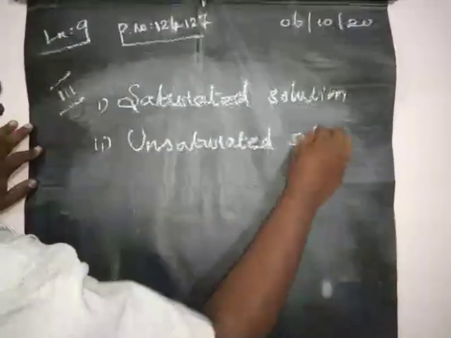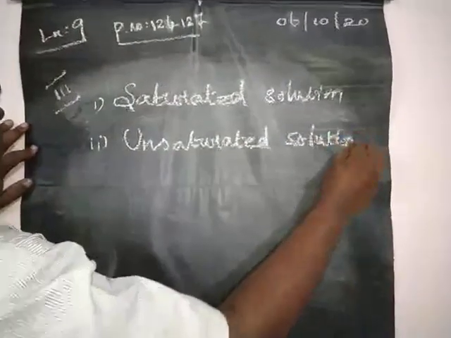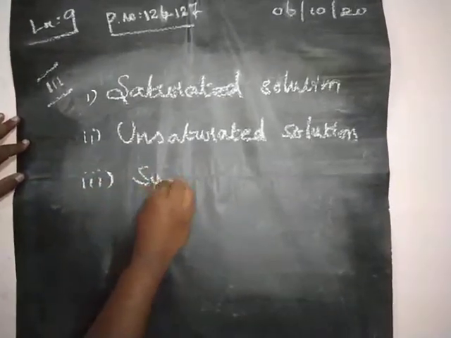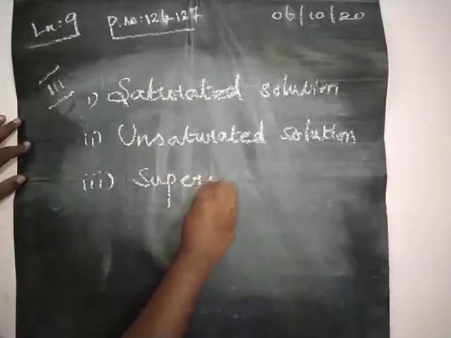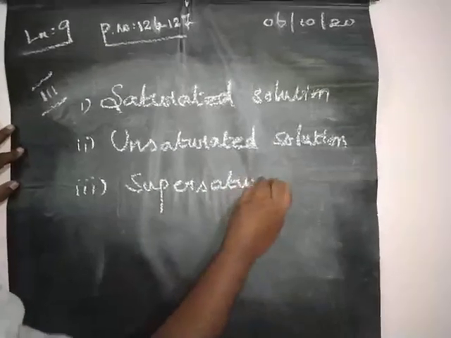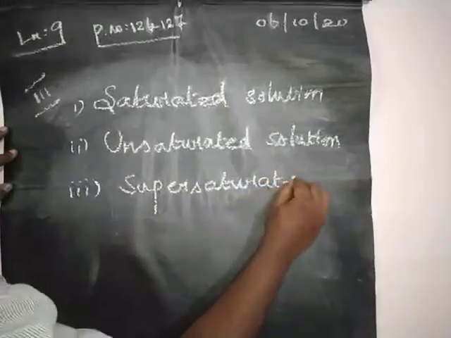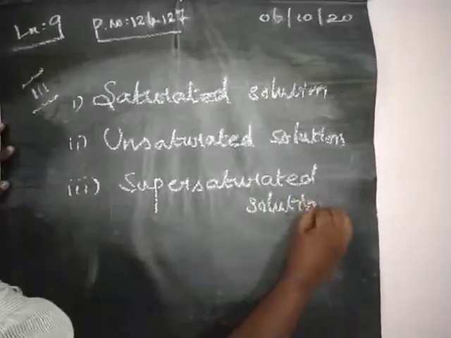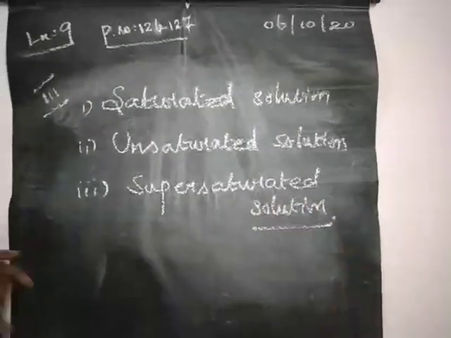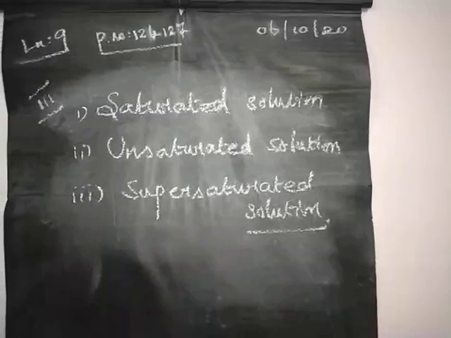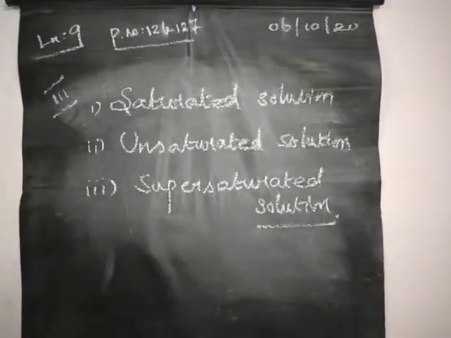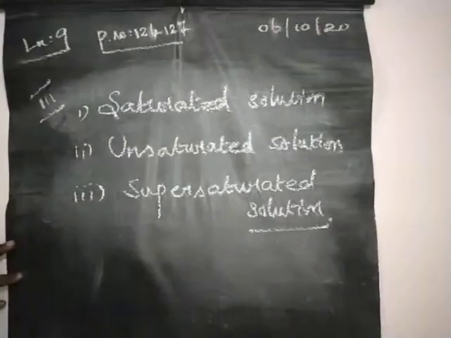The third one is supersaturated solution. So based on the amount of solute, a solution can be classified into three types: saturated solution, unsaturated solution, and supersaturated solution.